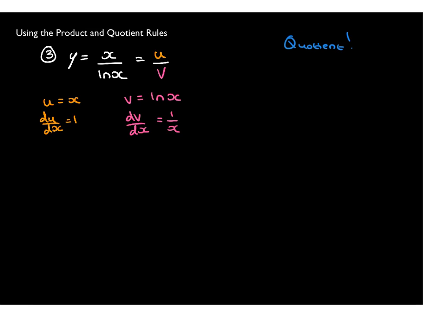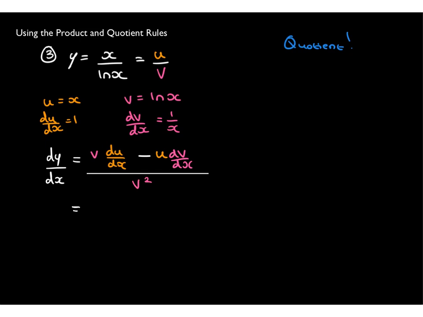And then let's remind ourselves that dy by dx is equal to v multiplied by du by dx, subtract u multiplied by dv by dx, and then the whole thing is divided by v squared.